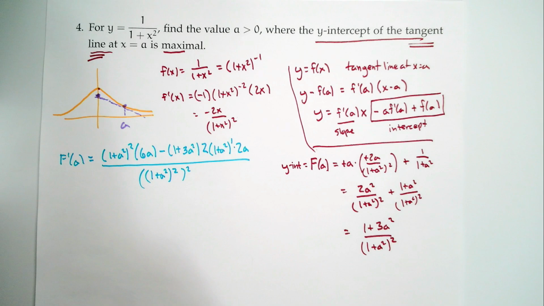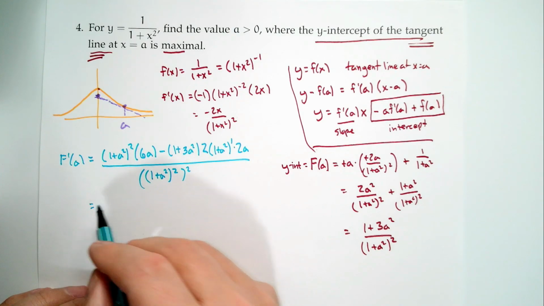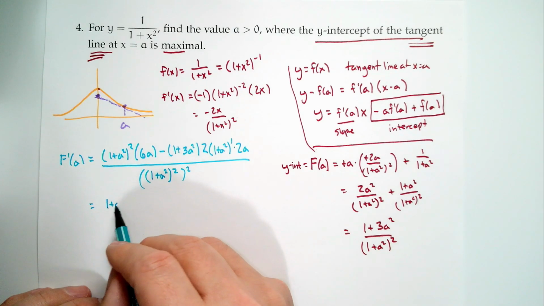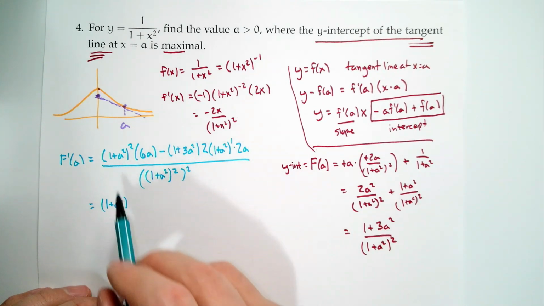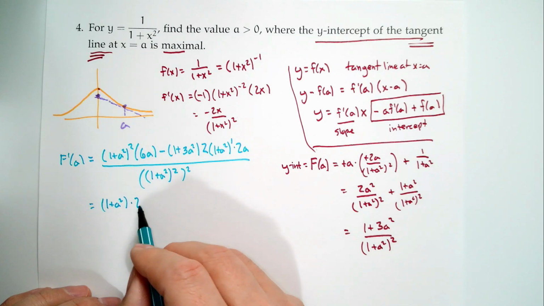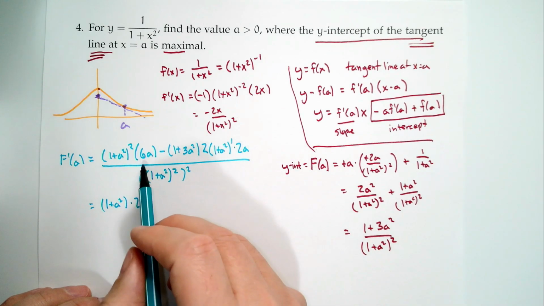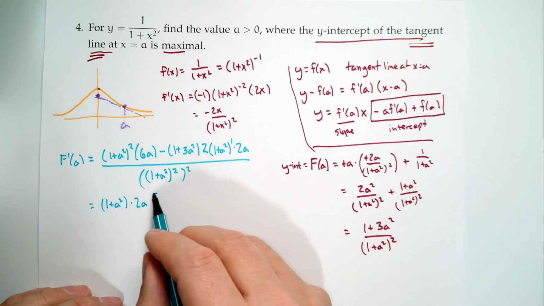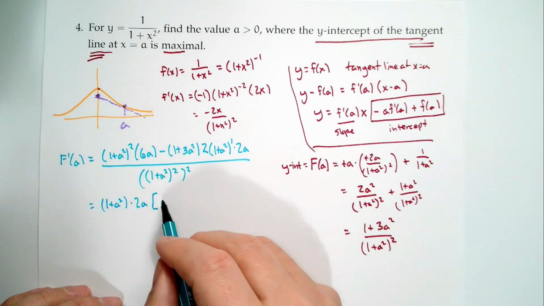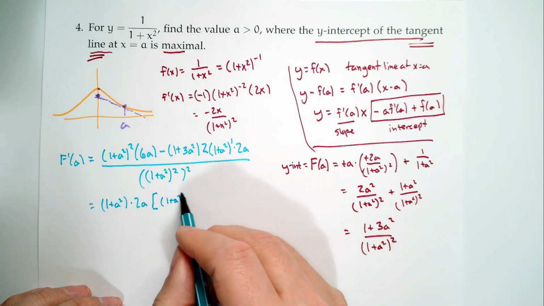Now let's try to simplify. We can factor out what's common. Looking in the numerator, what do they have in common? They have 1 plus a squared, because here it's to the 1 power, here it's to the 2 power, so we'll factor out 1 plus a squared. We can also factor out a 2a, because 2a divides into 6a. Now, if I factor that out, what's left? From the first term, I need a 1 plus a squared.